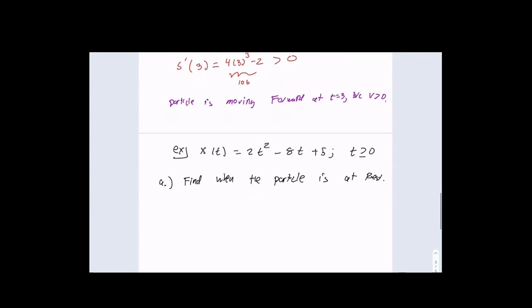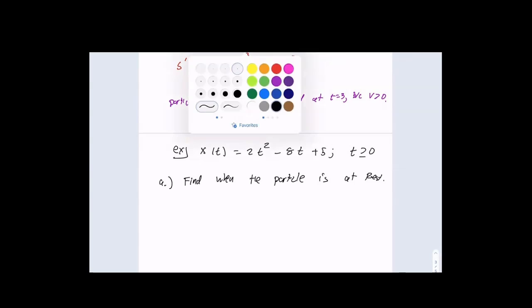Okay. When, generally, without a specific function, when is a particle at rest? When it equals 0?